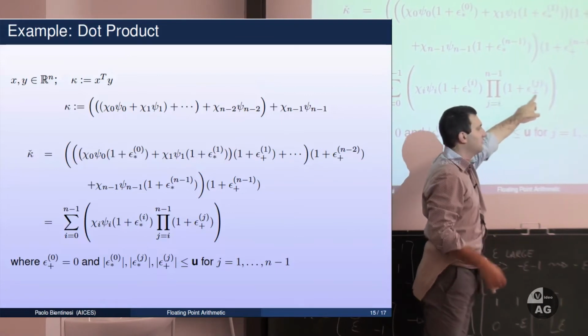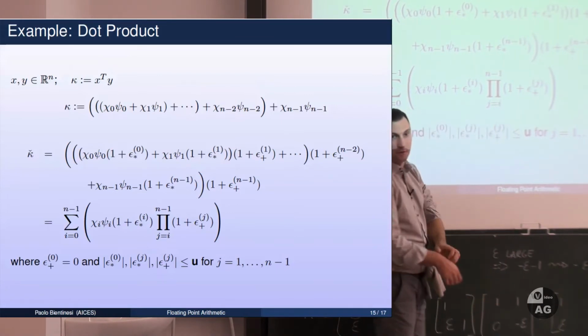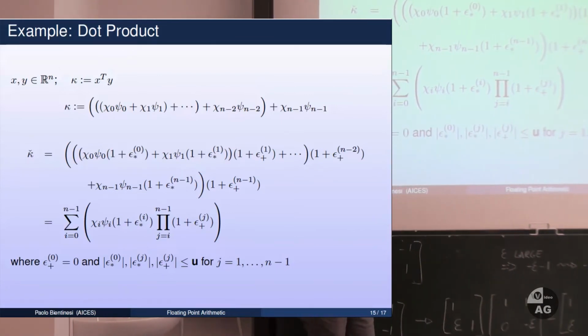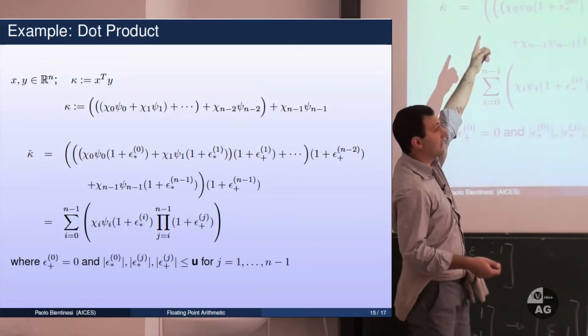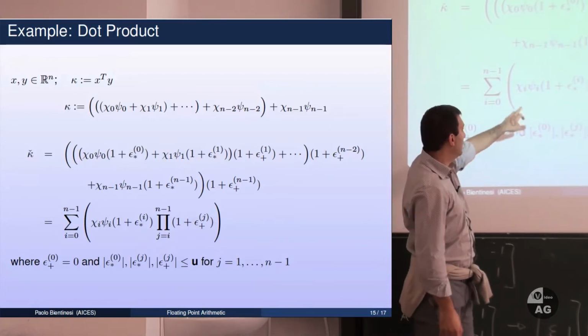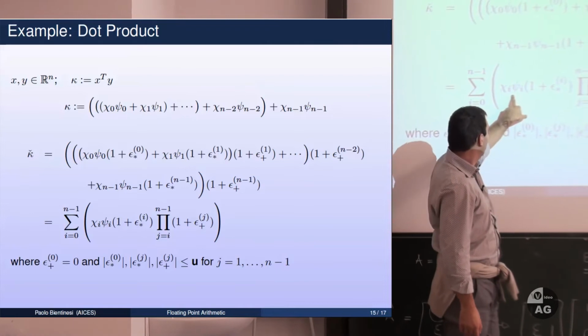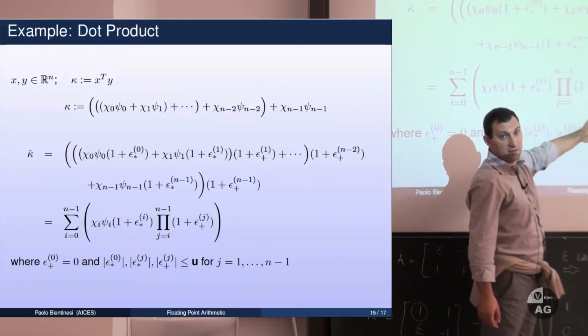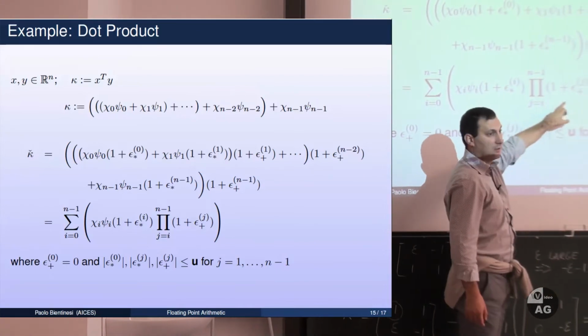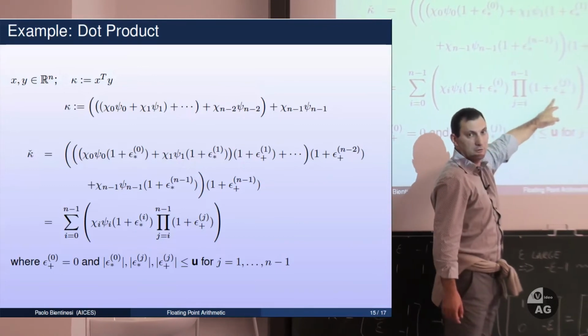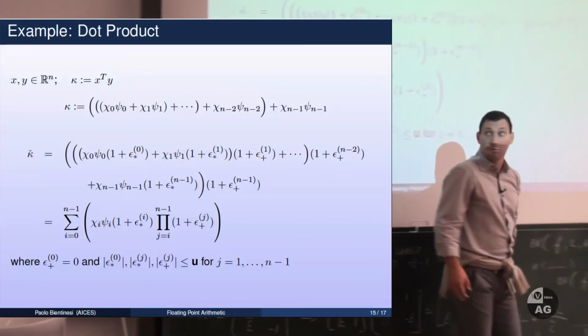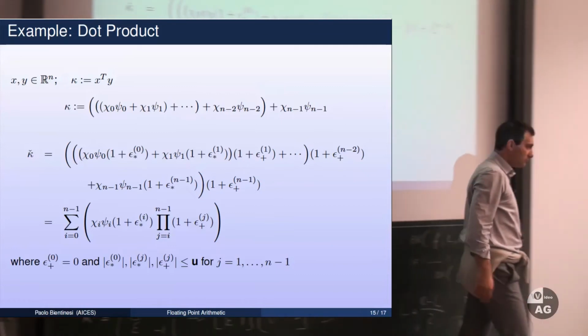This is the product of many of them, and so on. So whenever you do even very simple operations like an inner product, immediately you see that the result is contaminated, is perturbed by a lot of these 1 plus epsilon terms. Okay? So those are your enemies.